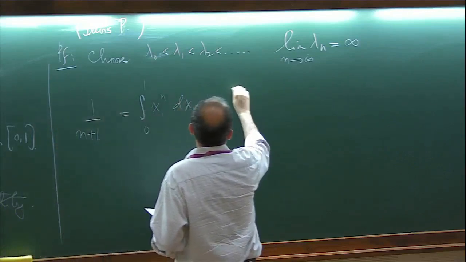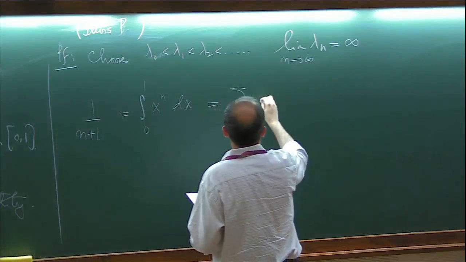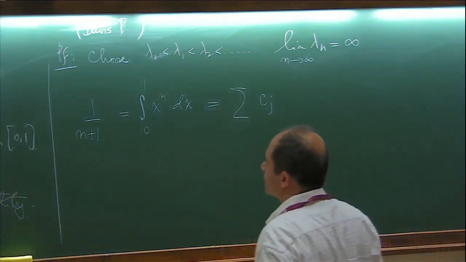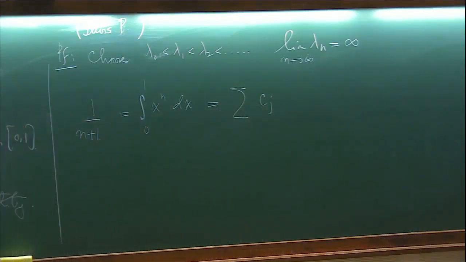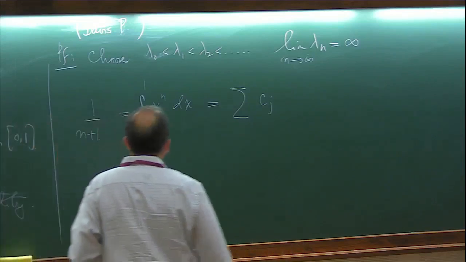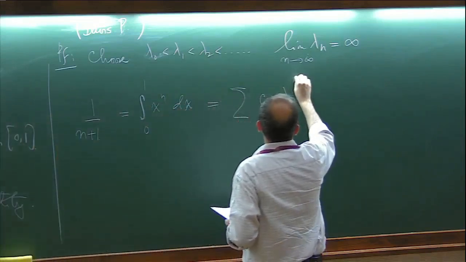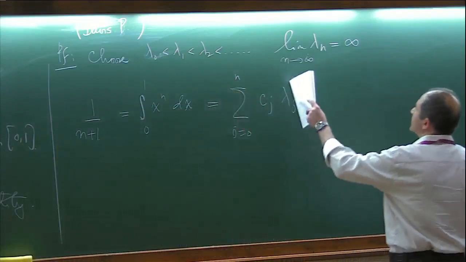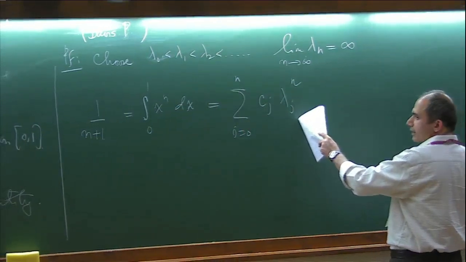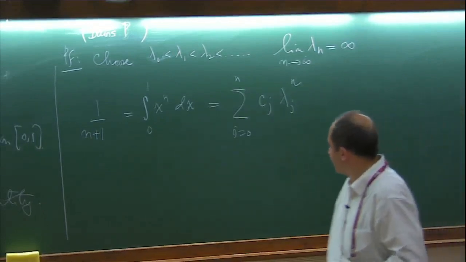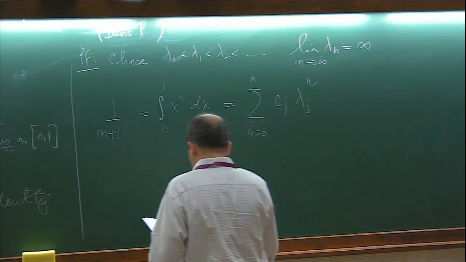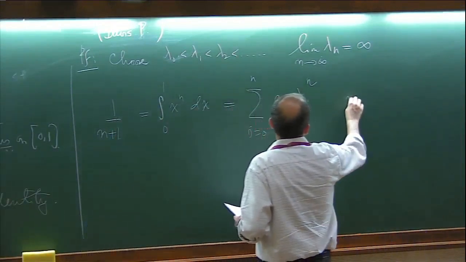I would like to express this as a linear combination of point evaluations, lambda j to the n, that is, evaluating x to the n at the point lambda j. And I would like this to be true for all n.